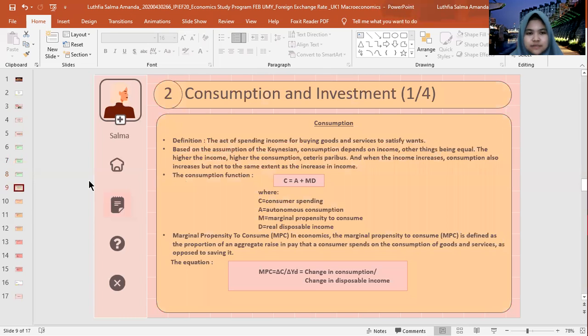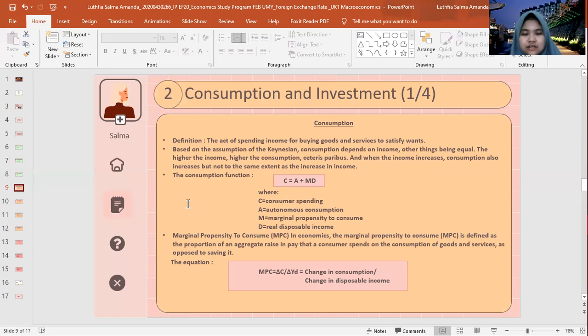And the second summary, from the second meeting, is about consumption and investment. So what is consumption? Consumption is the act of spending income for buying goods and services for satisfying wants. It is based on the assumption that consumption depends on income, other things being equal.